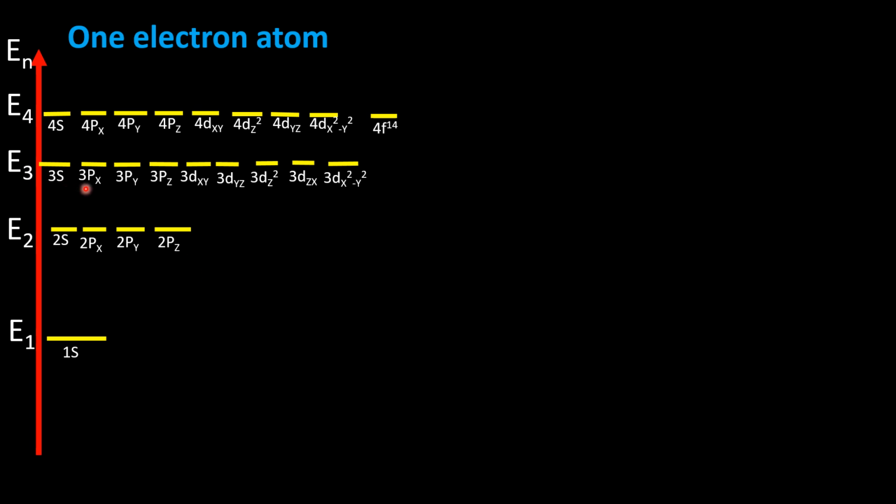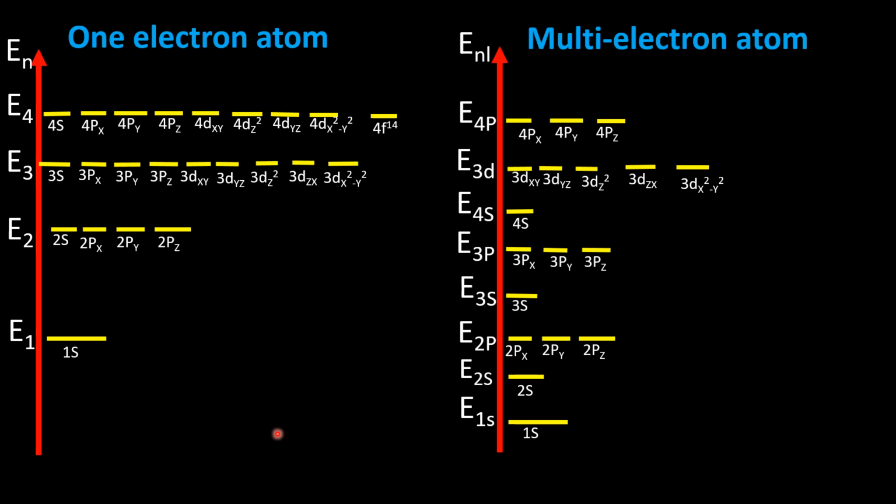As we go up to the third energy level, again you can see that all the 3s, 3p's and 3d states are in the same energy state. All are degenerate. So in a one-electron system like the hydrogen atom, we have degeneracy in the energy levels. The difference arises in the multi-electron system when we consider the multi-electron atom.